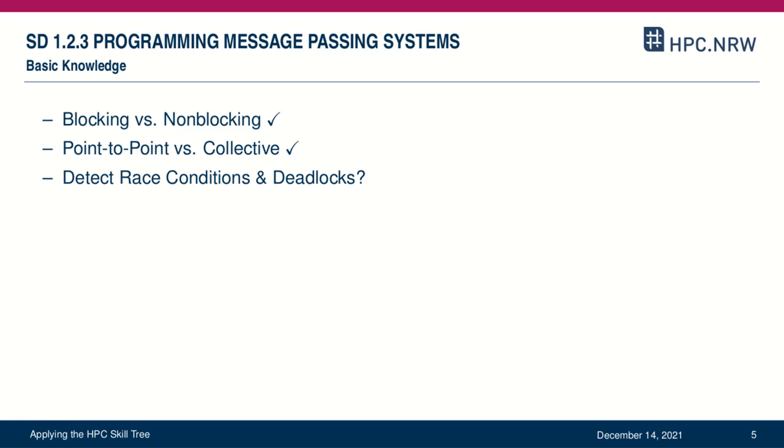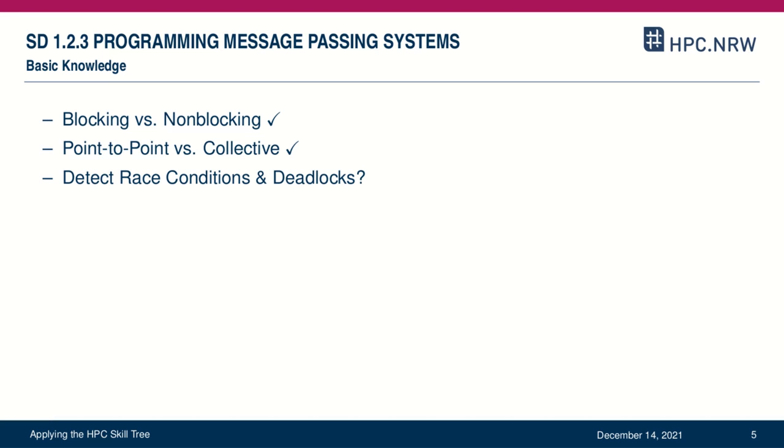Certainly, I would think this is important, because if you have a race condition or a deadlock and you don't know how to work with those, or how to get rid of those, you'll forever be stuck in that basic level.